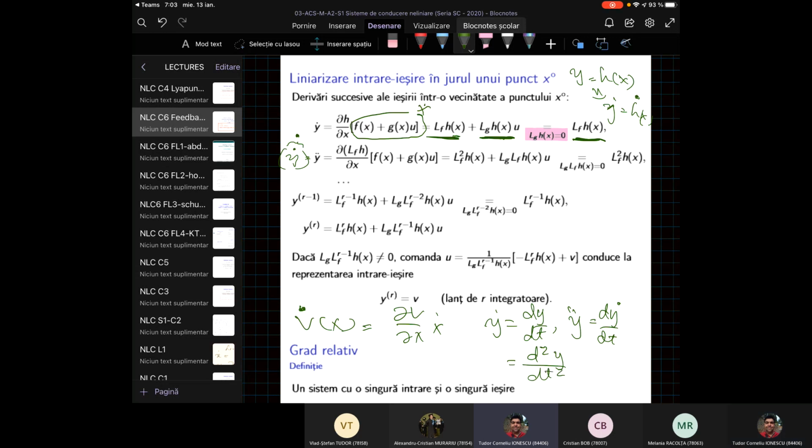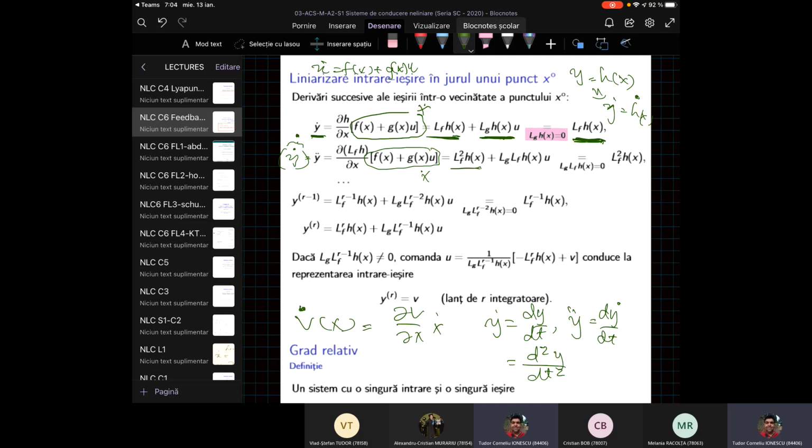Okay? But y dot is this guy. So we repeat the previous procedure. So y double dot is d, now it's not h, but it's LfH, dx times x dot. We know that x dot, this is our system, is f(x) plus g(x)u.